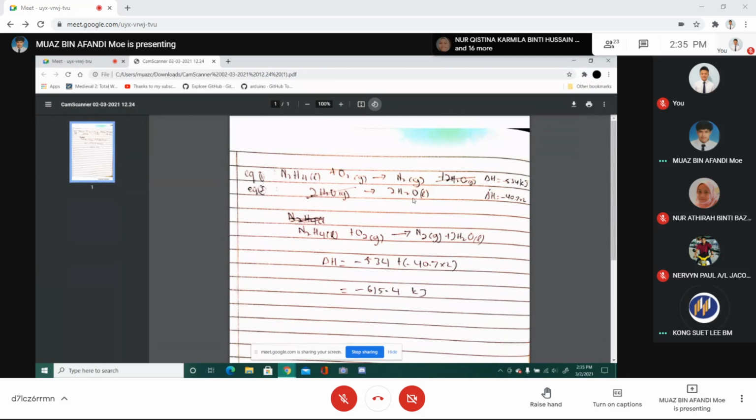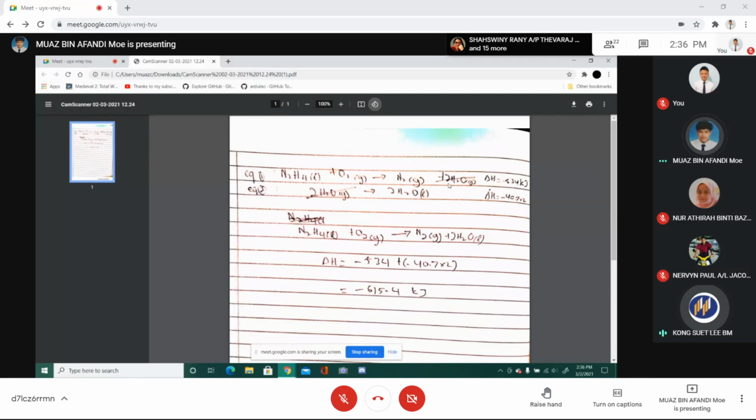Okay. So maksudnya equation pertama apa? Equation pertama ada buat apa-apa ke tak? Tak payah. Itu enthalpy 1. Okay, enthalpy 2 apa yang anda lakukan? Reverse kena darab 2. Okay, lepas tu campurkan.